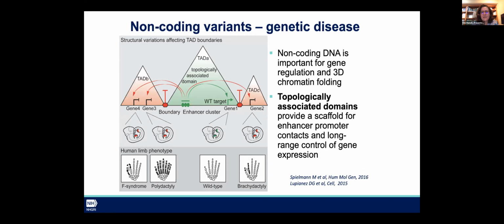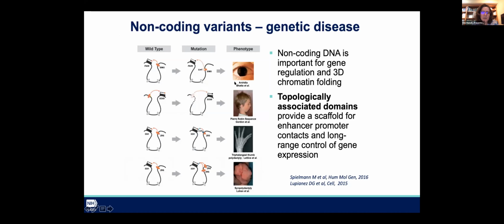Increasingly, they affect the 3D structure and bring genes that are further away in the genome together, enhancers or promoters that affect other gene expression. Mutations in these regions have now been described close to PAX6, causing aniridia, SOX9 associated with Pierre-Robin, and sonic hedgehog, causing triphalangeal thumb and polydactyly.